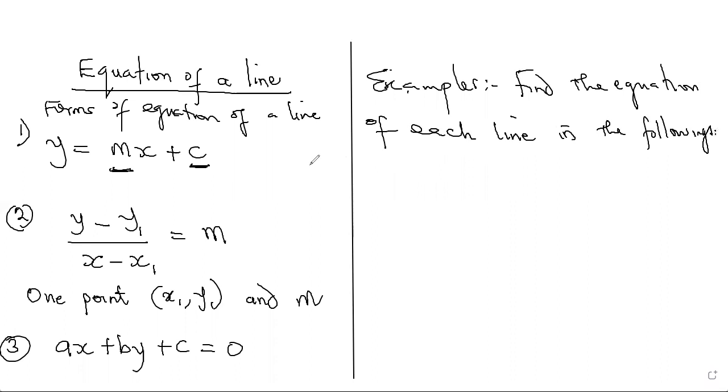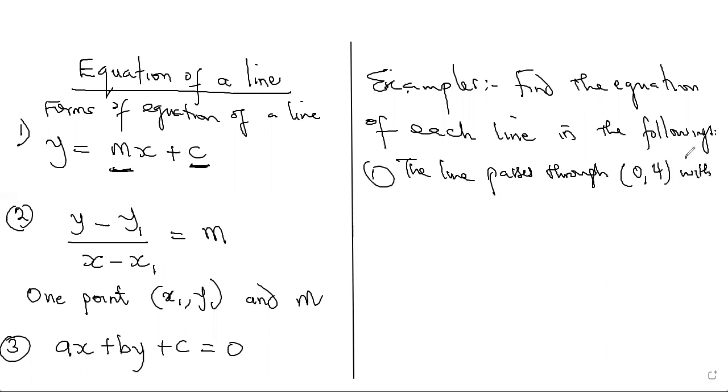You have the line passes through 0, 4 with gradient 5.